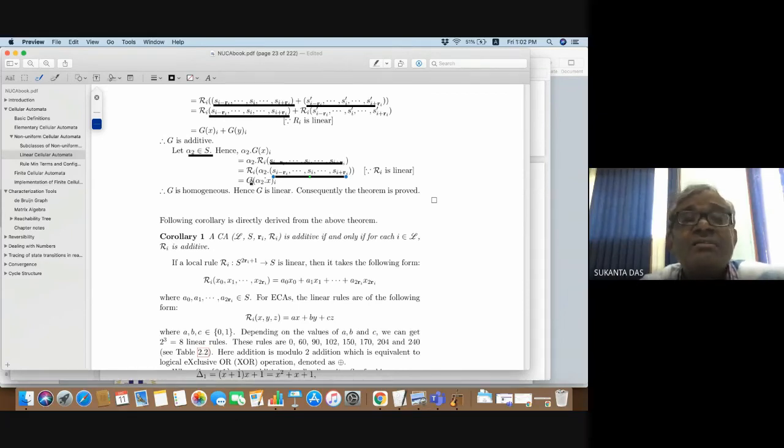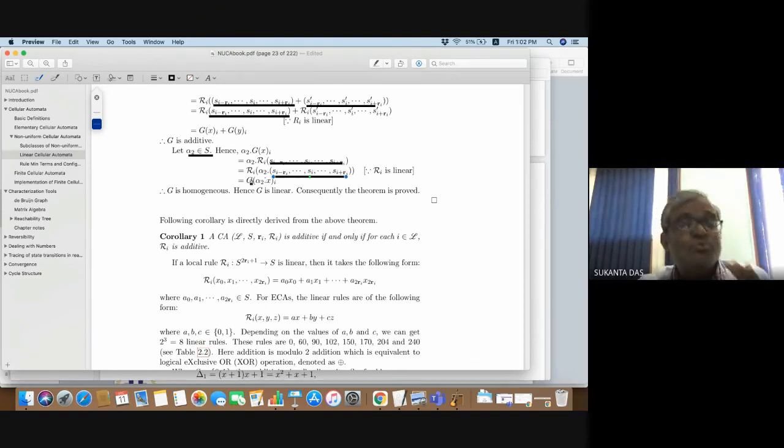So if each R_i is linear, then G is additive as well as homogeneous of degree 1. So it is linear.